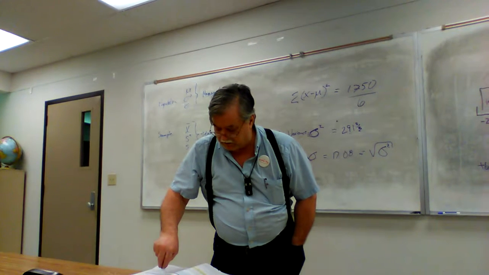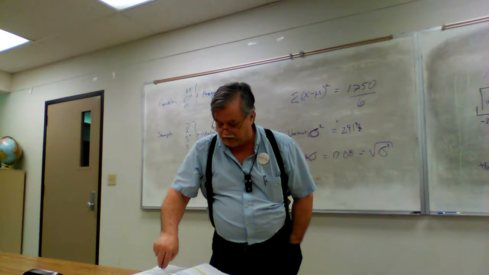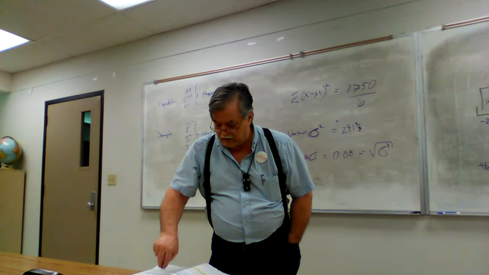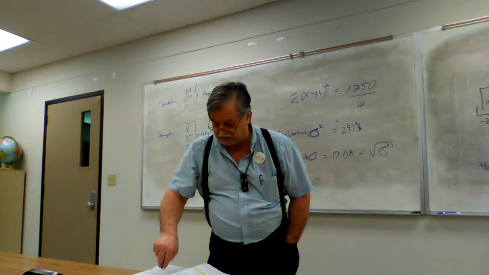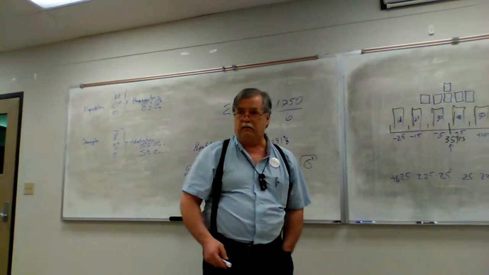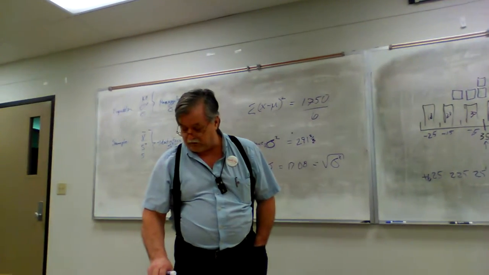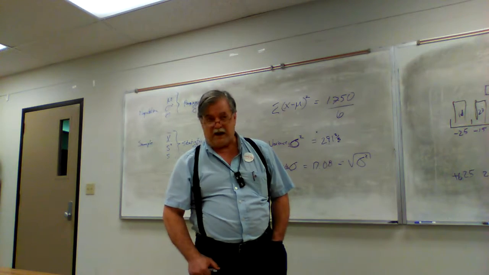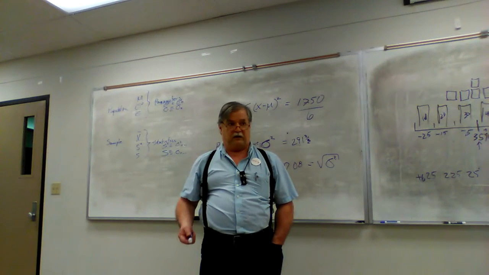Here he talks about wanting to compare the number of sales per salesperson over a 3-month period as compared to the commissions made by those salespeople over the same 3-month period.